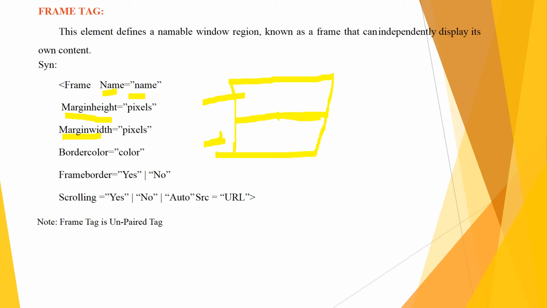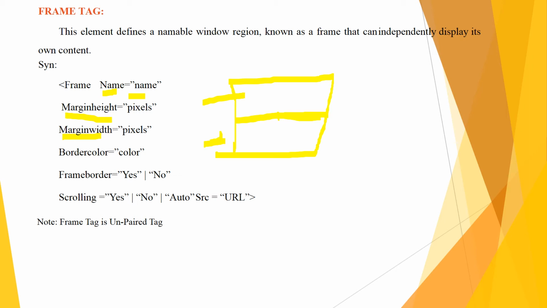Scrolling: if we want to scroll up and down in the window or the frame, then we will use scrolling. This scrolling attribute has three values: yes, no, auto. Yes means we will use this value for scrolling. No means we will use this value for non-scrolling. Auto means depending upon the size of the frame.